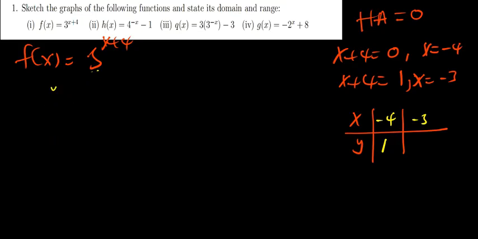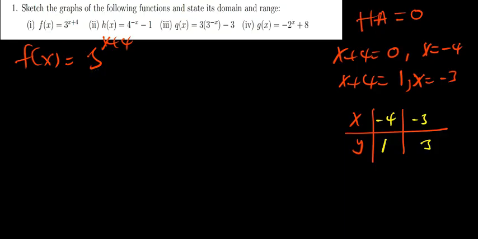Next, y will be equal to 3 raised to the power negative 3 plus 4. Then y will be equal to 3 raised to the power 1. So any number to the power 1 is the number itself. So there I have 3. Once you come up with these coordinates, believe me, this is going to be easy for you to sketch.